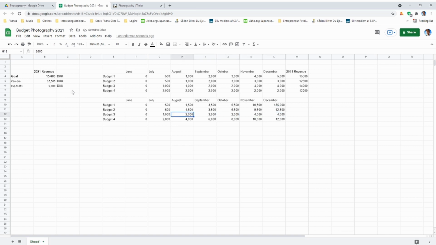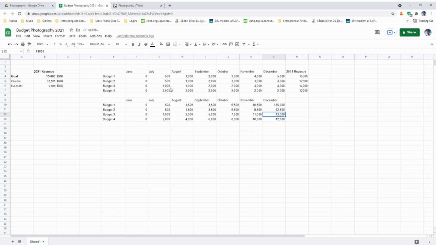And this one goes 2, 5, 9, 13. No. Something's wrong. What went wrong there? 1, 2. It's supposed to be 5. And 7. 11.